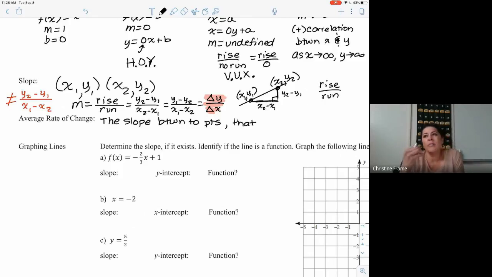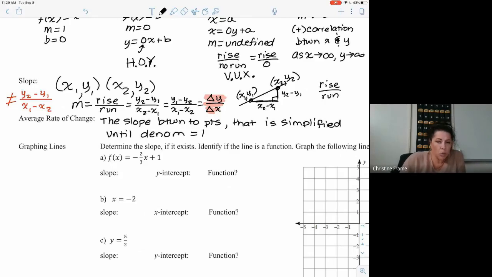But here's the key. When I'm finding the average rate of change, I want to know how much it changed per unit, like miles per gallon or miles per hour. So I want my denominator to be simplified to 1.